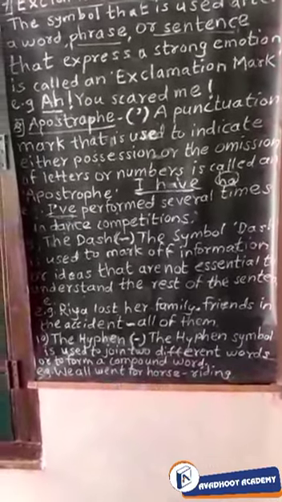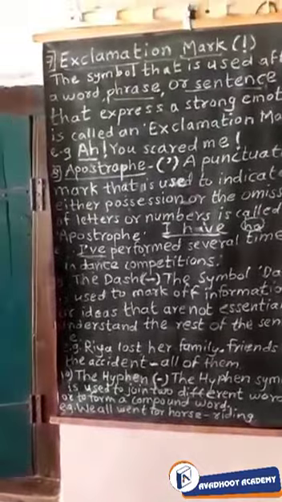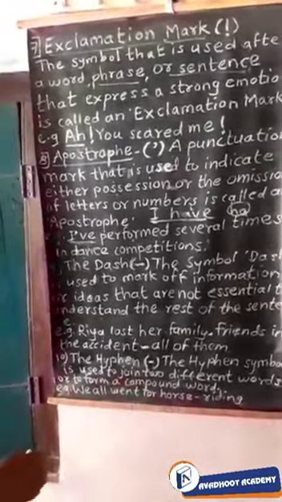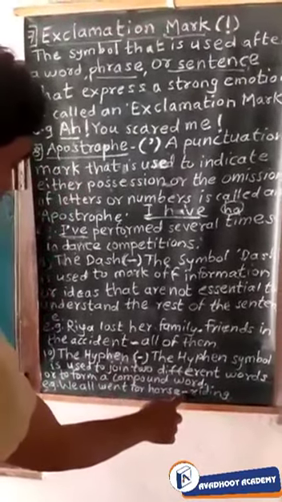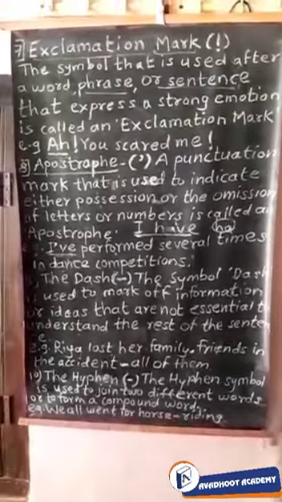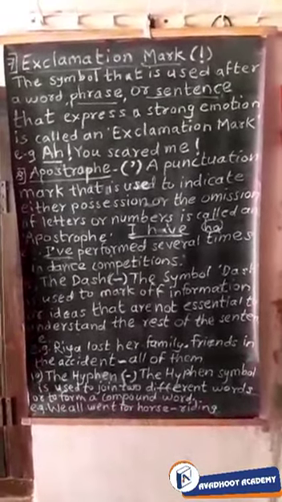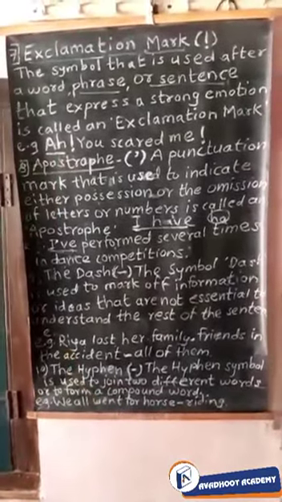So for forming compound words or joining different words, the hyphen is very useful. The example is, "We all went for horse-riding." What is the sign here? This is the sign of the hyphen. Horse-riding is a compound word, and at the end we have to give a full stop. So this is the example of the hyphen.